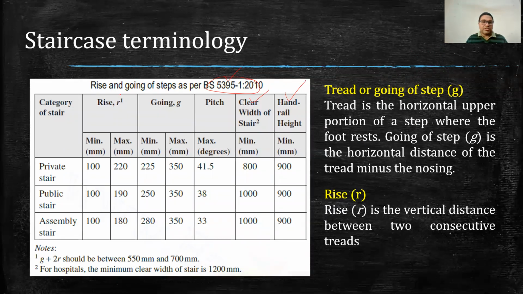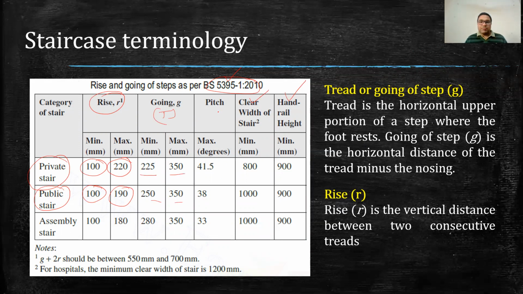In this case, you can see the rise value for private houses: the minimum value can be 100, maximum value can be 220. Similarly, for public places, the minimum riser can be 100 and the maximum value 190. Similarly, for the tread also, the minimum to maximum value is given here.